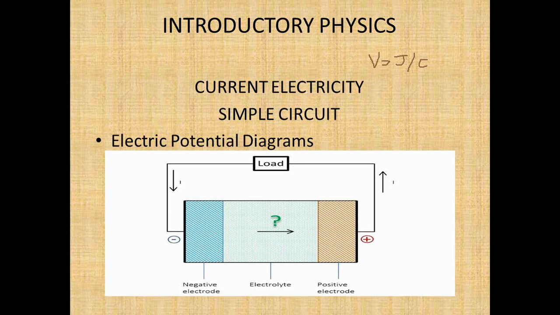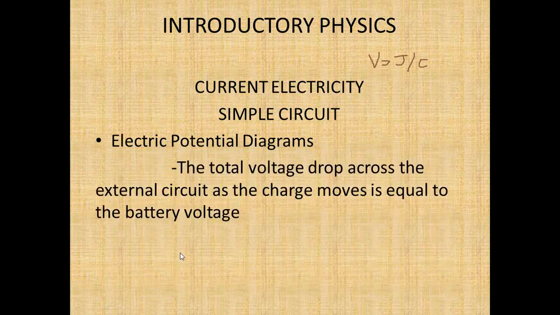Okay? The force of gravity is going to pull the water down. Similarly, all you need is energy to move your positive charge to the positive terminal. That's all you needed to do. The positive charge will be naturally attracted to the negative charge. So it's going to flow in that direction.